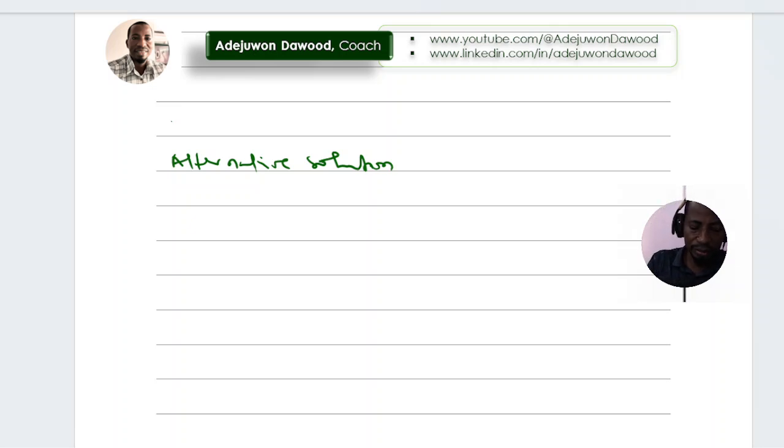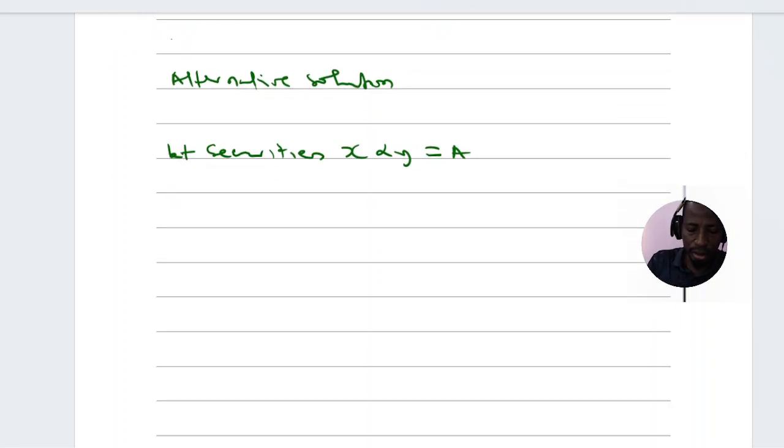But before then, I need to represent security X and Y with another letter. I will combine it. Therefore, I will say let securities X and Y equal to, you can use M, you can use A. So equal to A. So in this case, I'm going to have possible states or possible outcome.